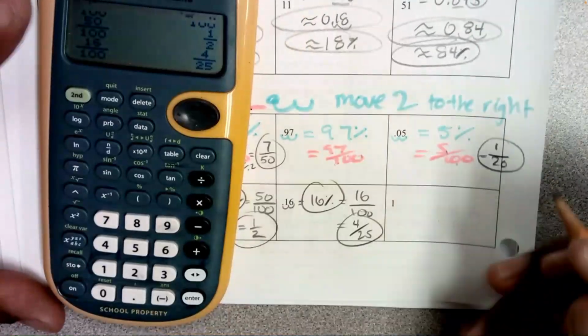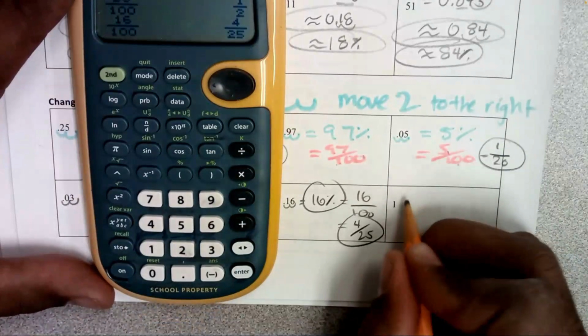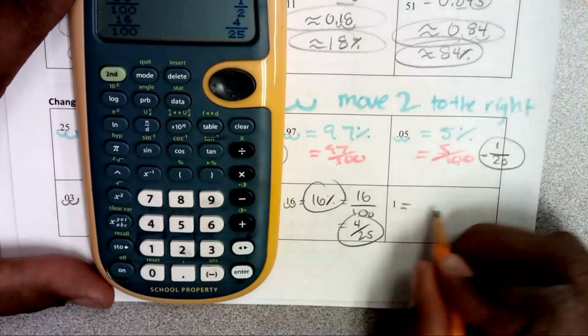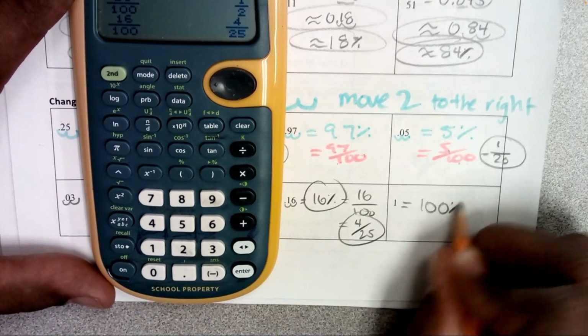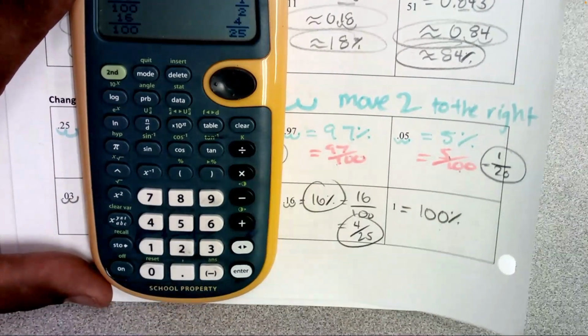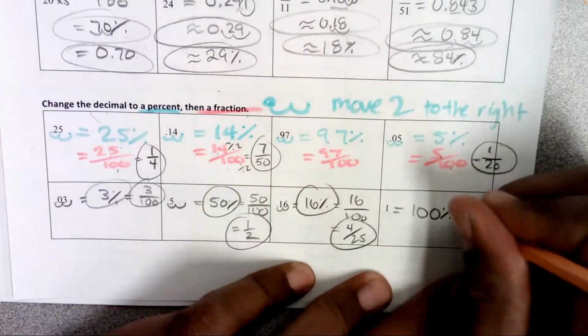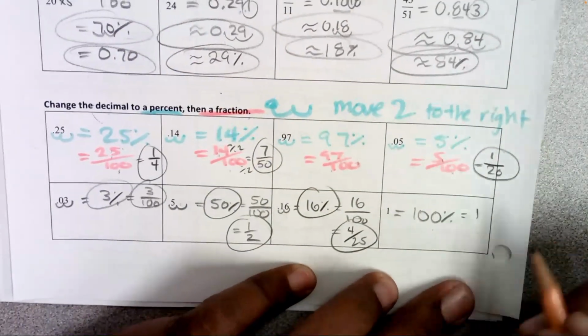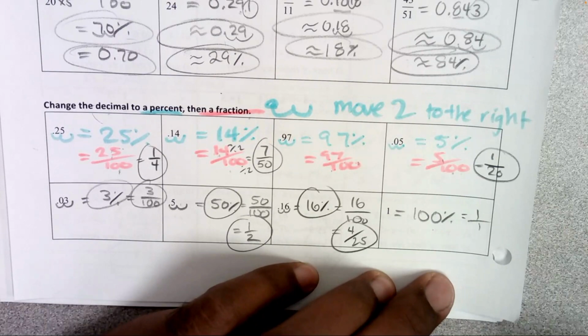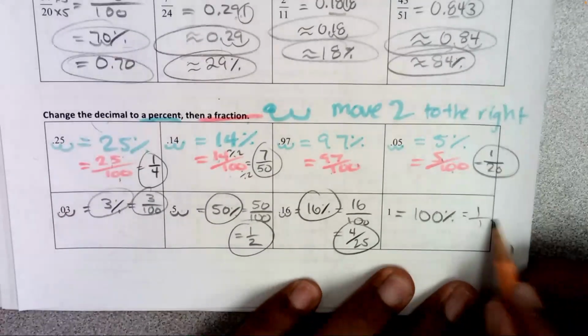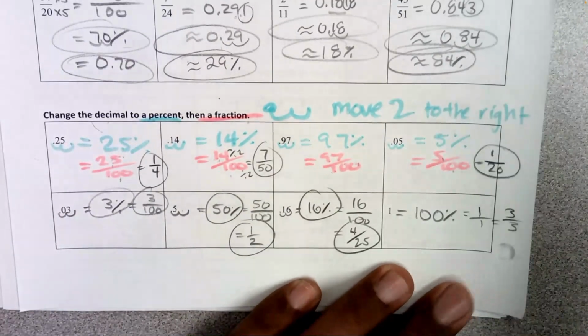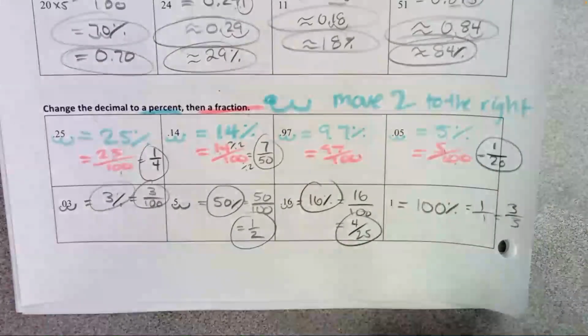Again, we always want to reduce. All right, this one's simple. 1, we already know, equals 100%, because that's a whole. Okay, so that's a percent. Then as a fraction, well, that's simply just 1, or 1 over 1. It's literally the same, or 3 over 3, or 4 over 4. They're all the same. Okay. All right, that's it.